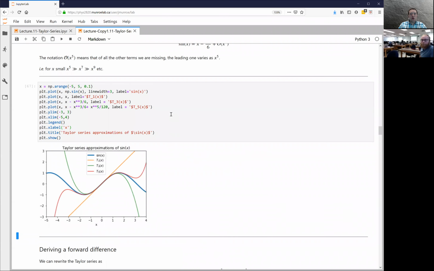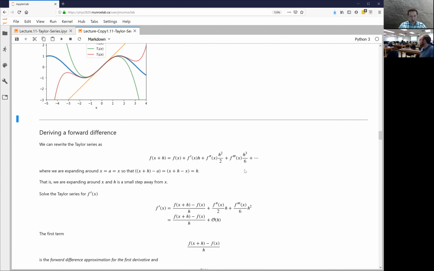Okay, using that idea that we can rewrite any smooth function as a power series, that is a sum of things, I could also write a Taylor series like the following. f of x plus h is equal to f of x plus f prime x times h plus f double prime x times h squared over 2.